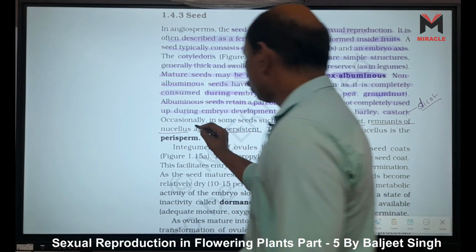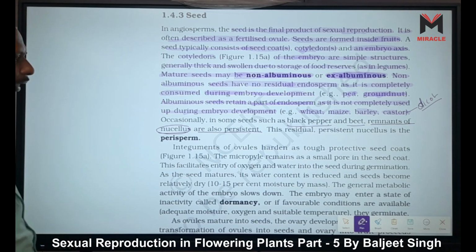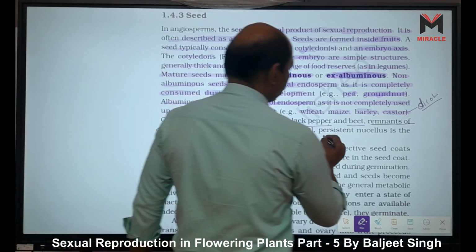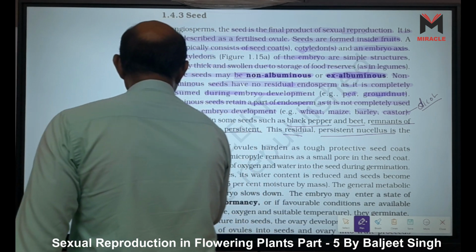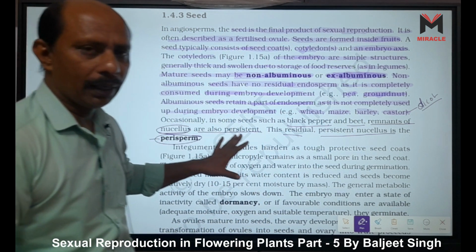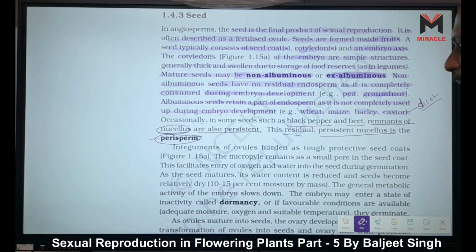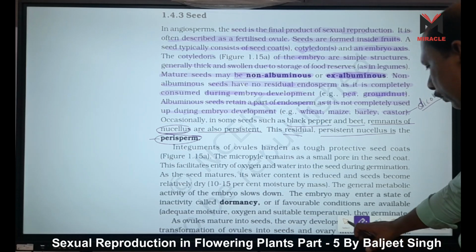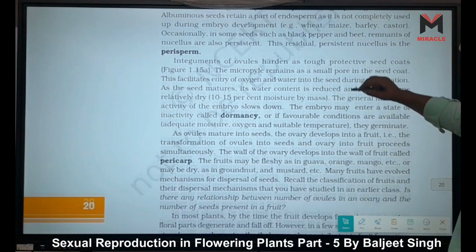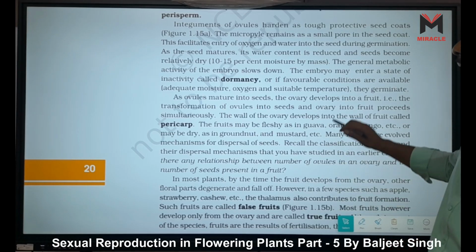Look here, nucellus, it is not endosperm. The remnant of the nucellus is present, and this residual or persistent nucellus is called perisperm. Perisperm is the remaining nucellus part, right? So perisperm is present. What is perisperm? Nucellus. As for example, black pepper, and another one given here is beet.